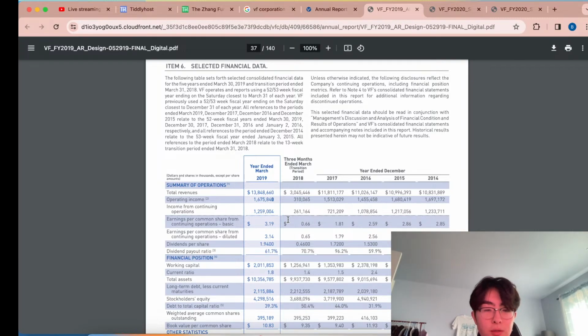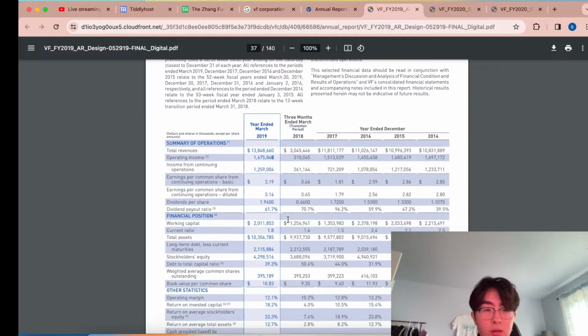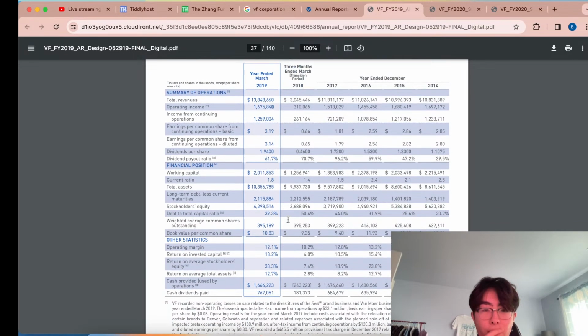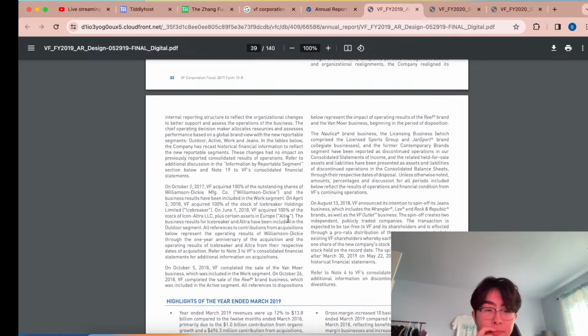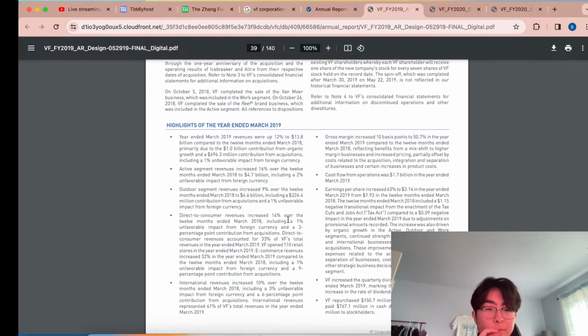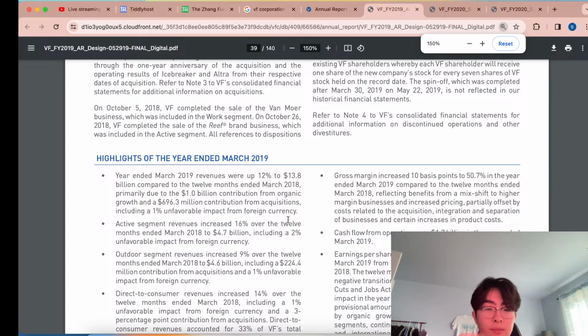So we're in March. Year ended March 2019, revenues were up 12% to 13.8 billion compared to the 12 months ended March 2018.